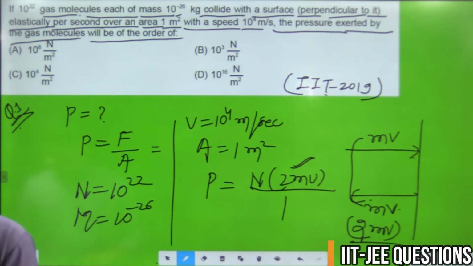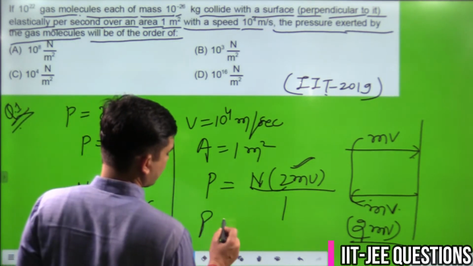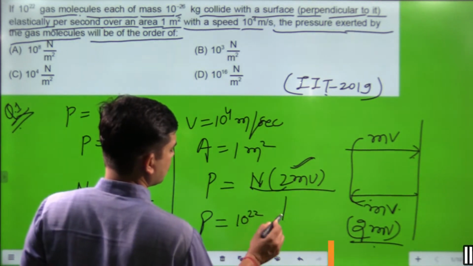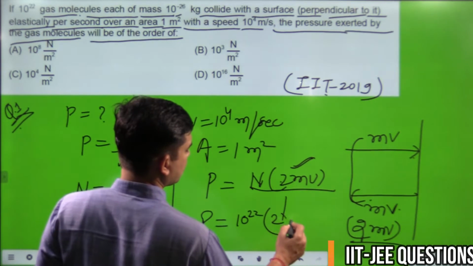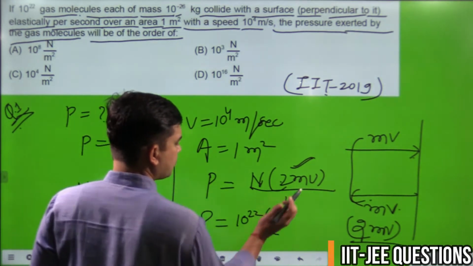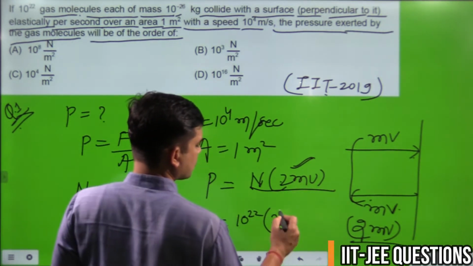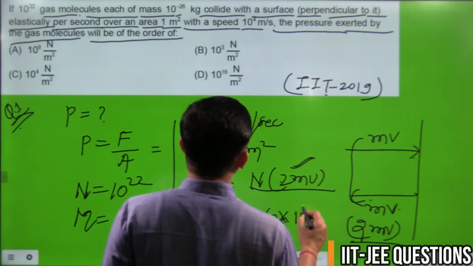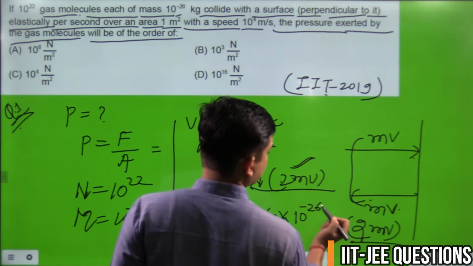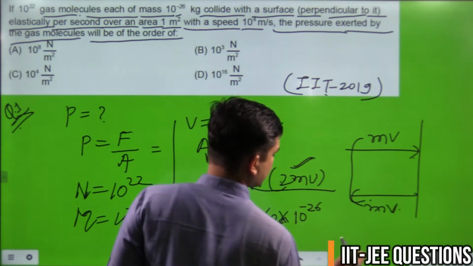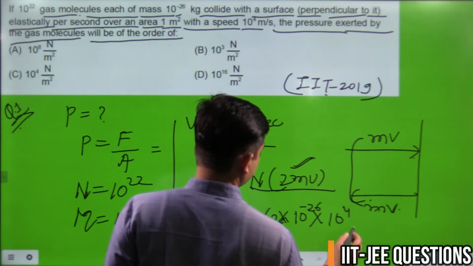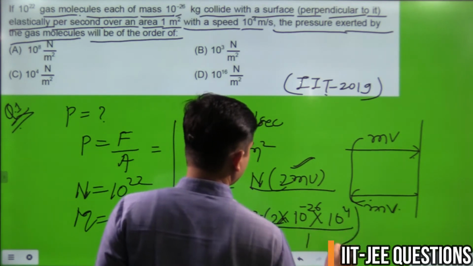Now put the value: P equal to N 10 to the power 22, 2 into mass 10 to the power minus 26, into velocity 10 to the power 4, upon 1.